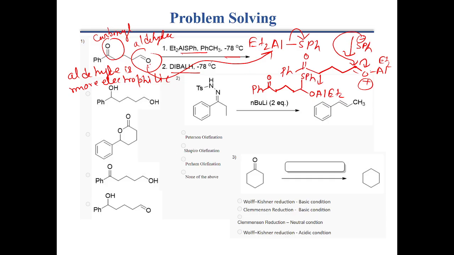Now they have used DIBAL-H at minus 70 degrees centigrade. Between this ketone and aldehyde, the aldehyde is masked by the diethyl aluminum sulfide. Now under DIBAL-H reaction condition, that hydride will react with the ketone and reduce the ketone to alcohol.